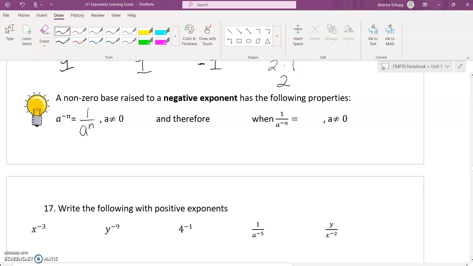And therefore, if we go in the opposite direction, if we already have 1 over some base with a negative exponent, we can flip that fraction and rewrite it with the same base but change the exponent to be positive. So those two are opposites, and I'll give you a chance here to pause it and give 17 a go.